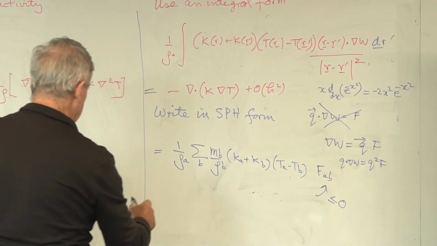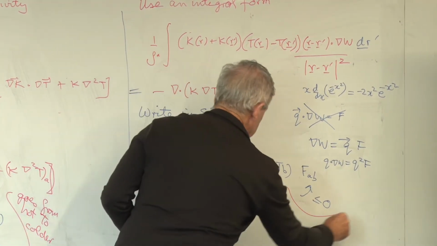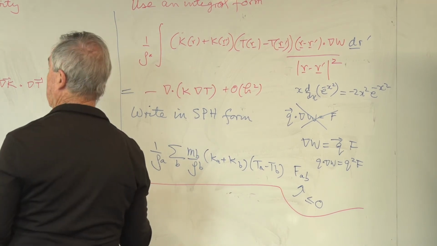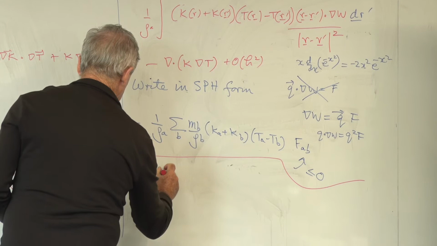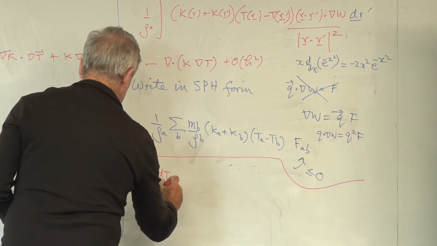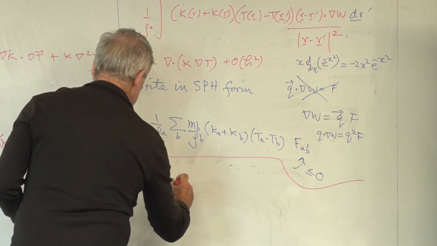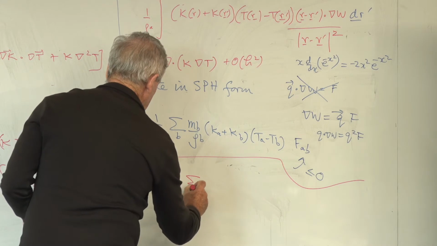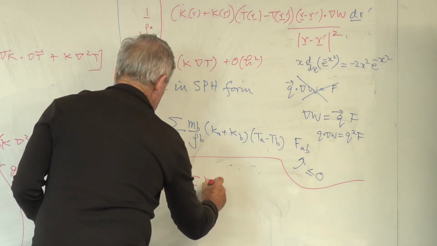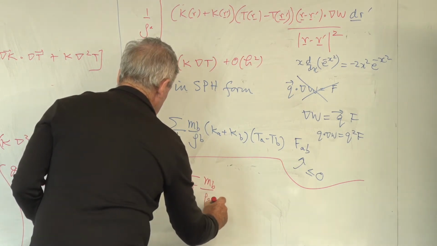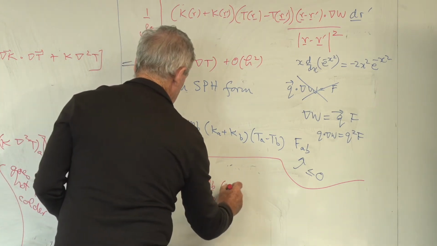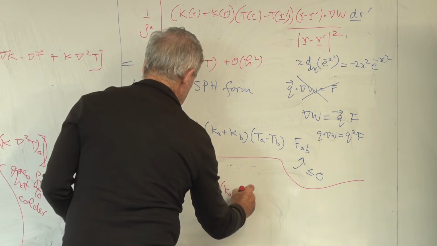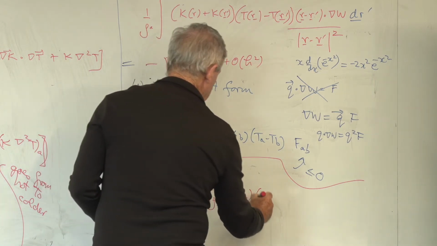So now I'll write down the whole heat equation, which I'll now do in red. And for particle A, it'll be Cpa dTA dt, derivative following the motion, is equal to the sum over B, mb, rho A, rho B, kappa A plus kappa B, TA minus TB.